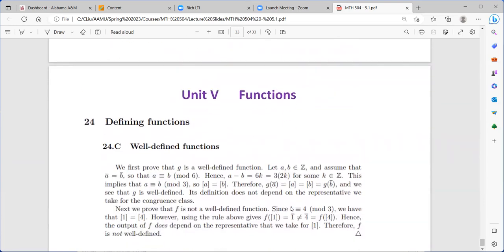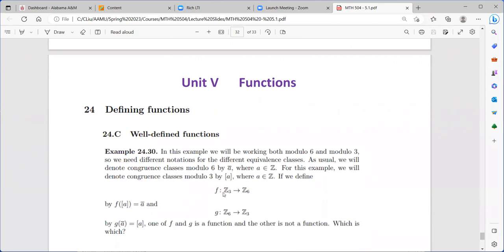So for example, we can take 1 and 4 from the same class in Z3. Bracket 1 is the same as bracket 4 because they're congruent modulo 3; you get the same remainder when you divide those two numbers by 3.